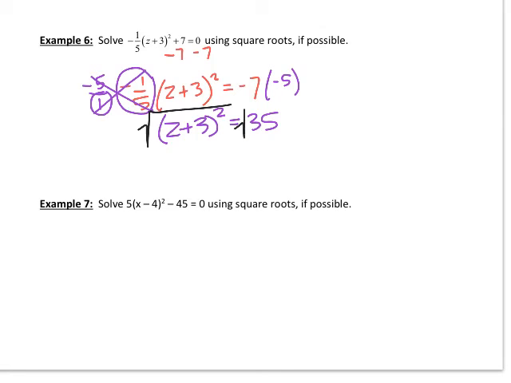All right, so here's my attempt at doing that. This is going to end up being z plus 3, because when you have something that's squared under the square root, whatever was being squared is what comes out of the square root.